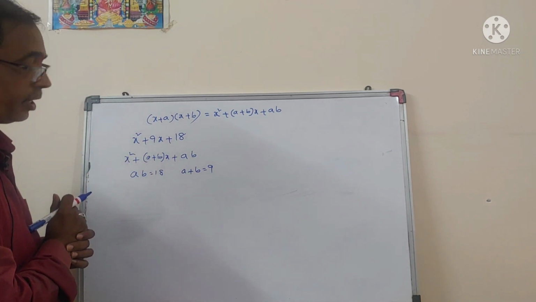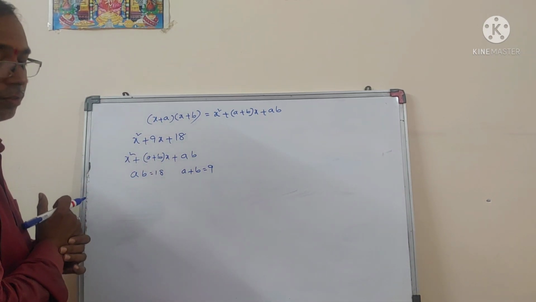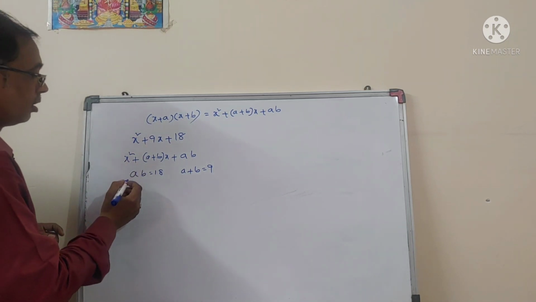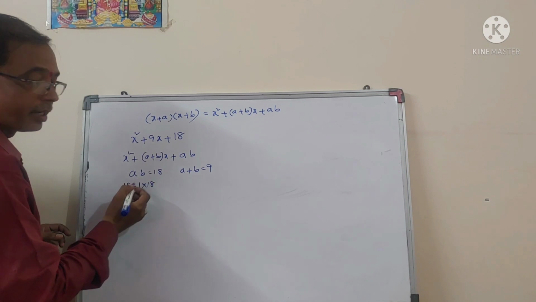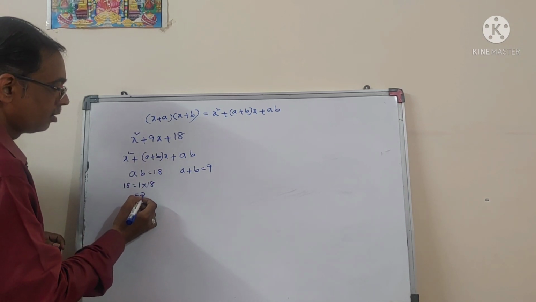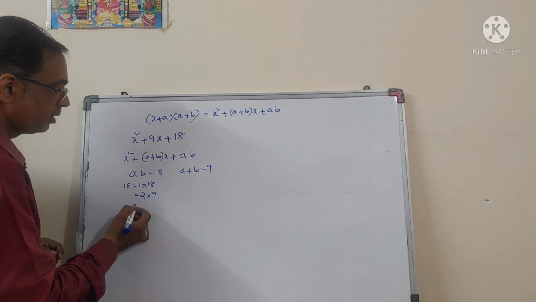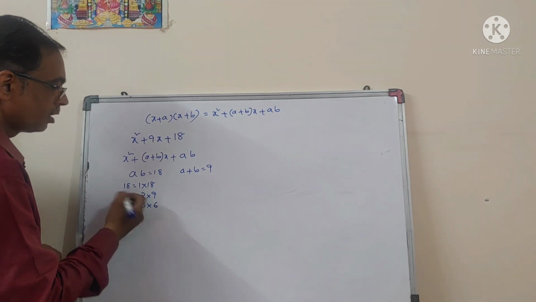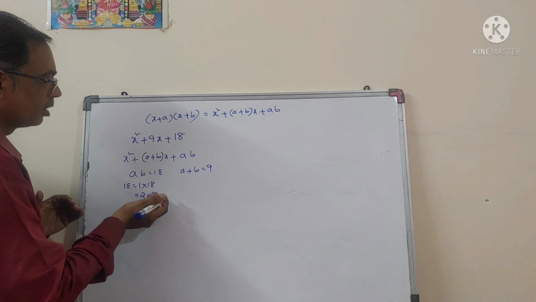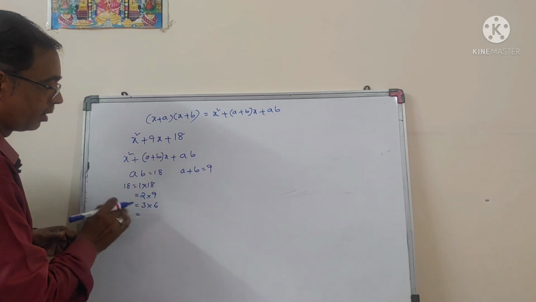So what are the factors of 18? We may get 1 into 18, 2 into 9, 3 into 6, and again reverse it, 6 into 3, 9 into 2, 18 into 1.